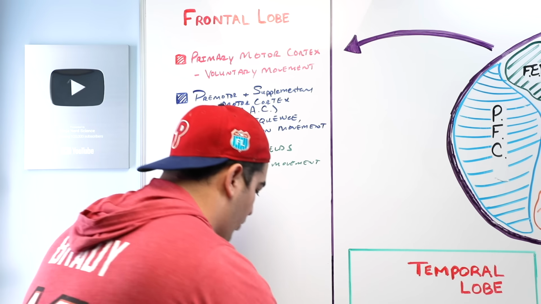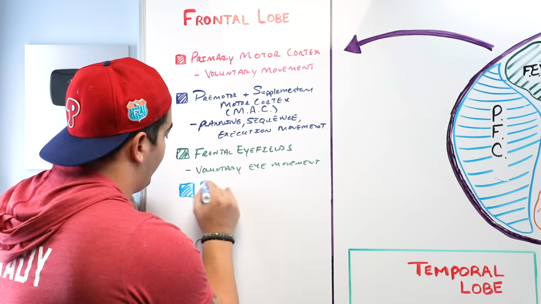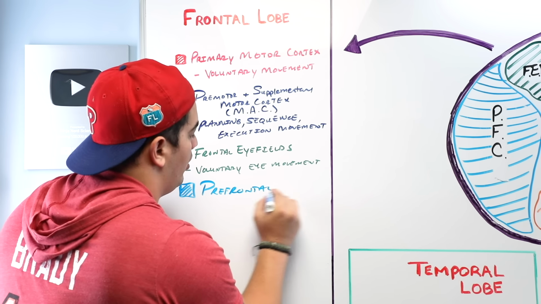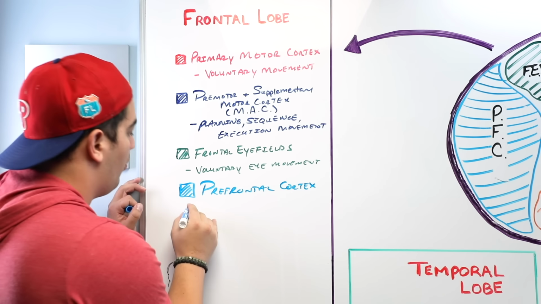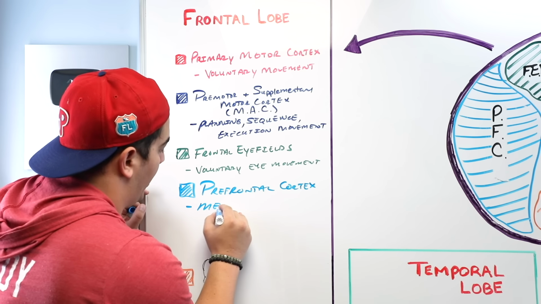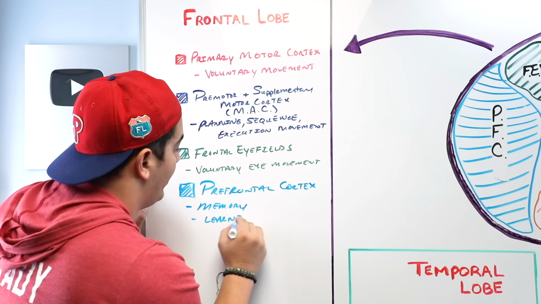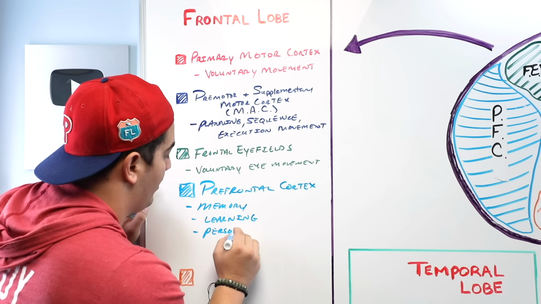The next one is if we move just a little bit anterior to the frontal eye fields, we have the prefrontal cortex. So it's called the prefrontal cortex. Now the prefrontal cortex has so many functions, right? It's involved in our memory. It's also involved in learning. So kind of in the cognition process as well. It's involved in our personality, right?